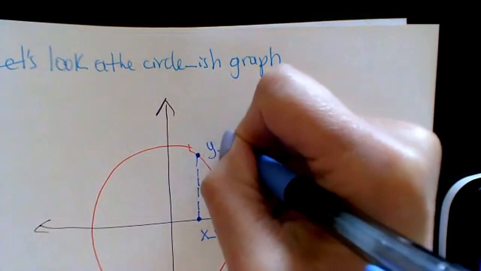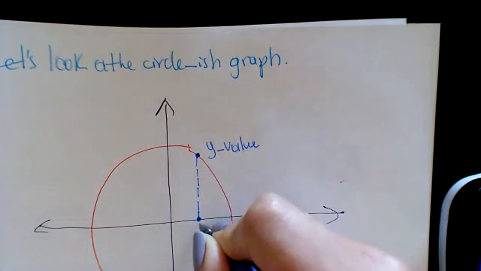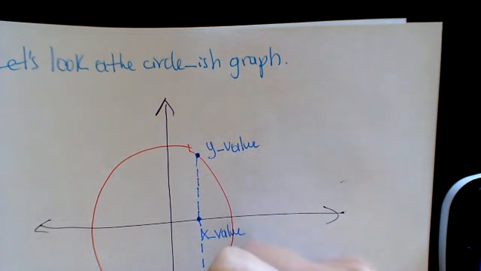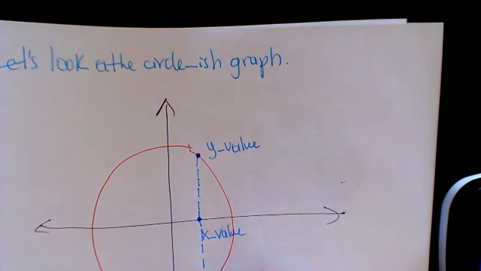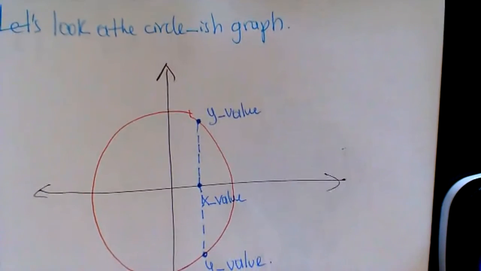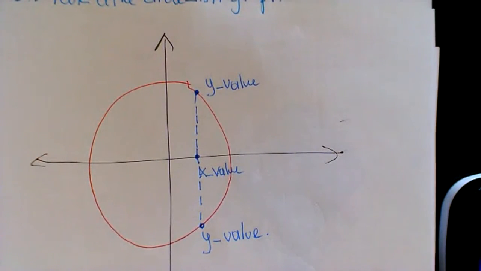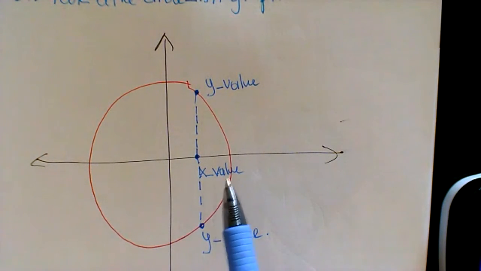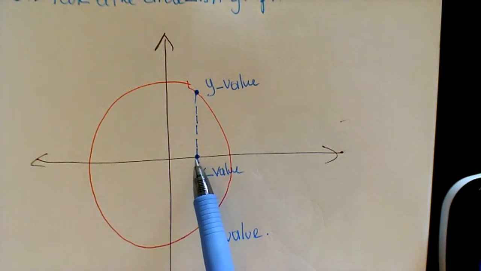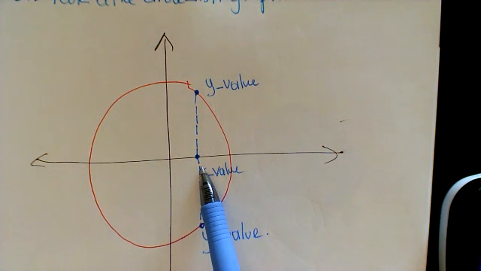Here's one y value, and here is another y value. So this kind of relation is not a function, as only one y can correspond to an x value. In this case, two y values correspond to one x value.